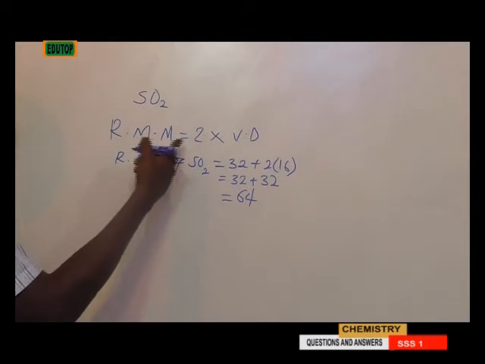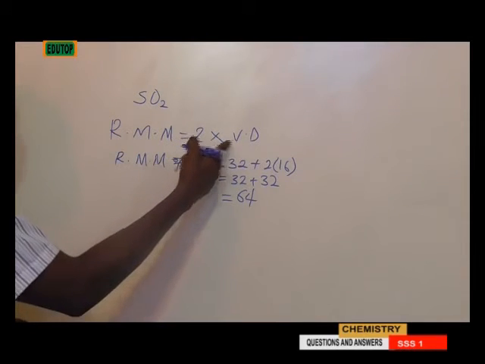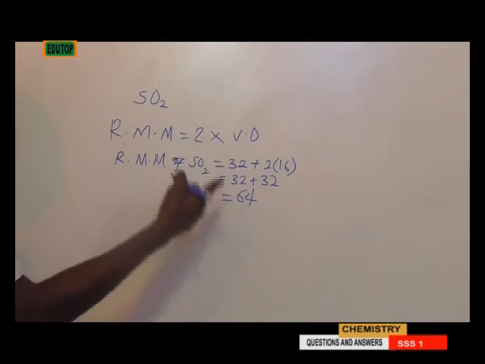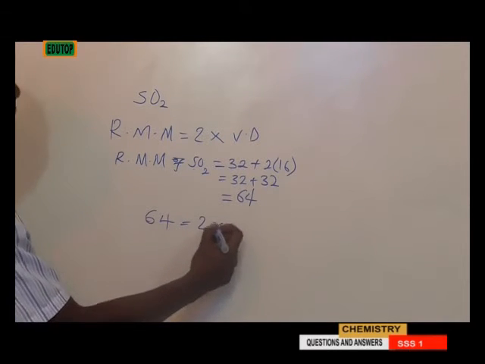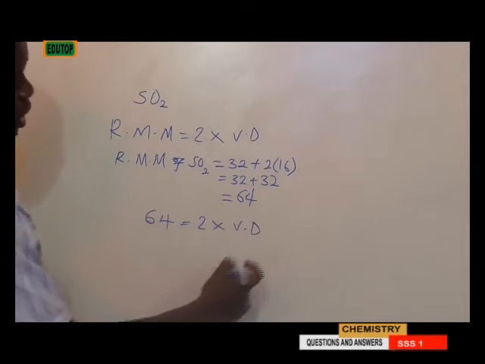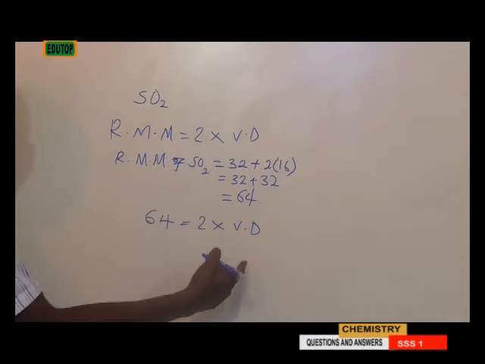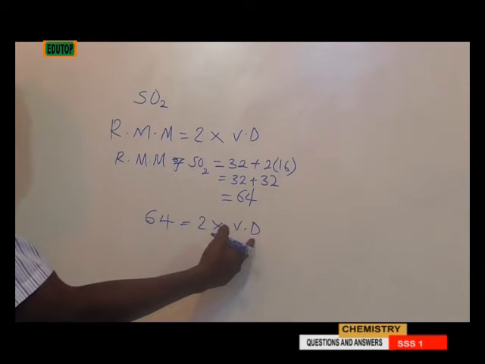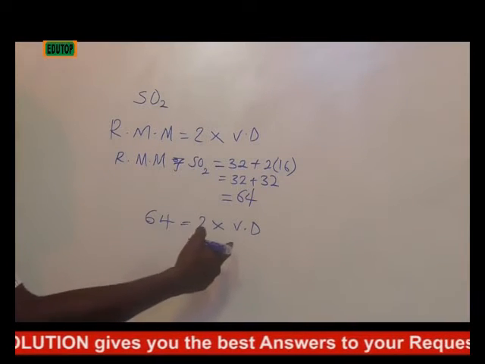Since relative molecular mass is equal to 2 times vapor density, and the relative molecular mass of sulfur(IV) oxide is 64, then 64 equals 2 times vapor density. The question asks us to find the vapor density of sulfur(IV) oxide, so you divide both sides by 2.